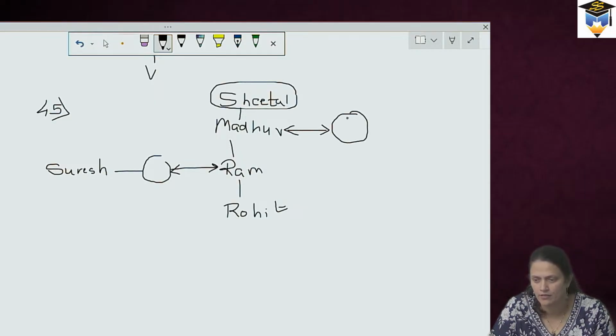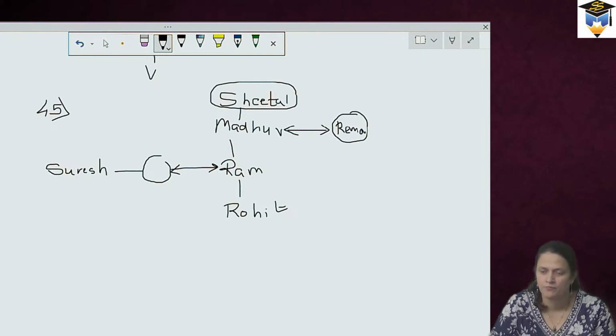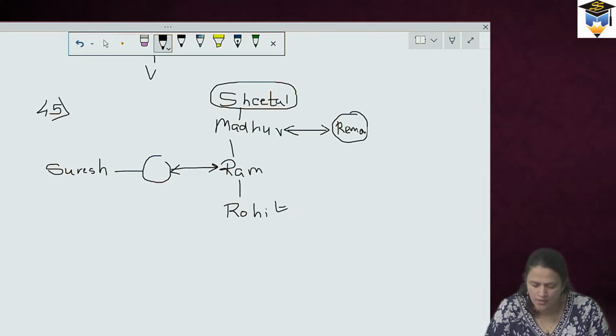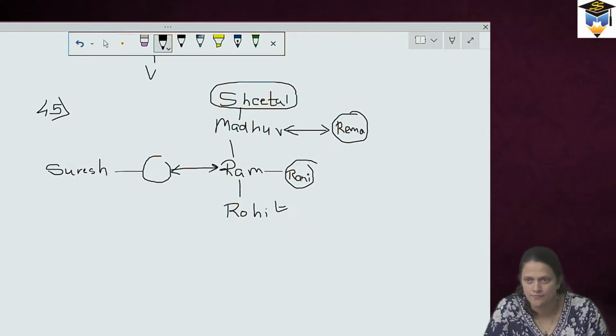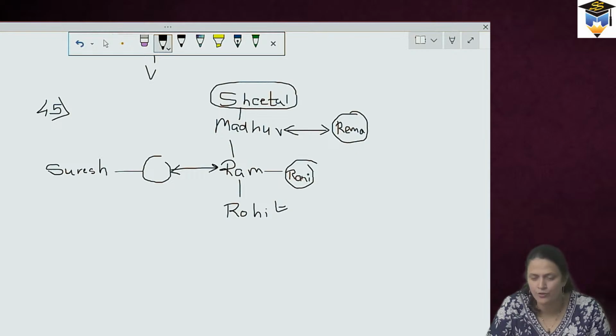Correct? So she is Sheetal's daughter-in-law. Rohit is Rani's brother's son. So there is one more sibling to Ram who is Rani. So Ram and Rani are siblings, and Ram has a son, Rohit. So who is Rohit to Suresh? Correct. Rohit is the nephew of Suresh.